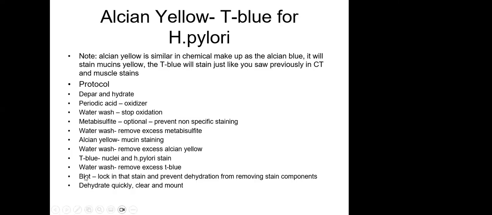Then you're going to blot it. Okay, so it's the same story, same song and dance, drop that slide down onto filter paper or onto a Kim wipe, and then pick it back up and dehydrate it quickly.